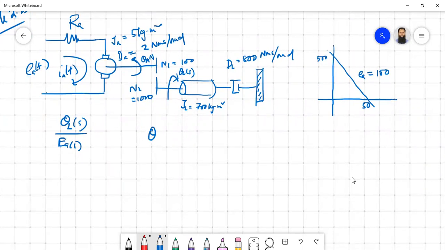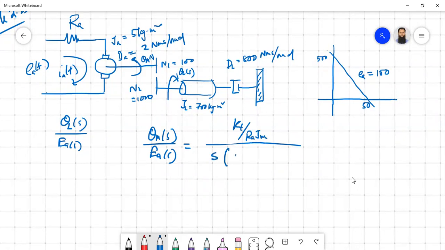So theta m(s) by EA(s) equals, the formula says, KT by RA over JM s squared plus... s times DM plus KT KB by RA.